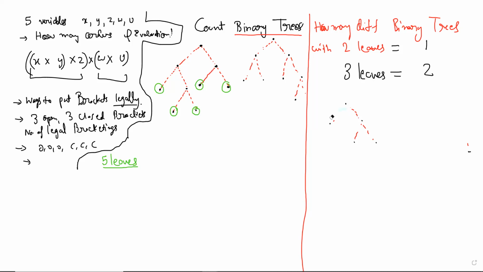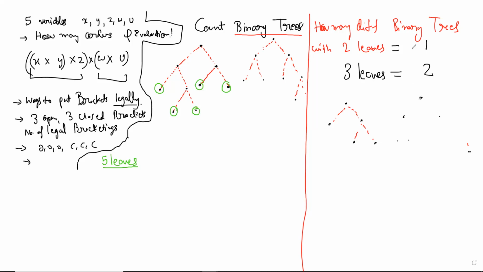Okay, let's quickly move on. Let's do for 4. Yes, so this is one example. Yeah, so that's the other, when the left child has two further.